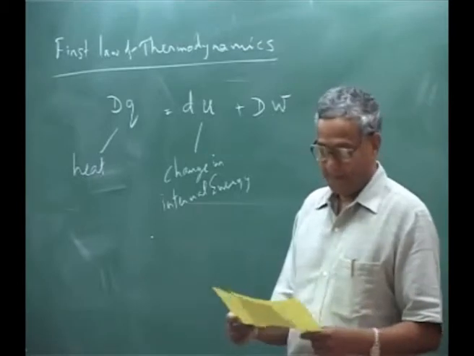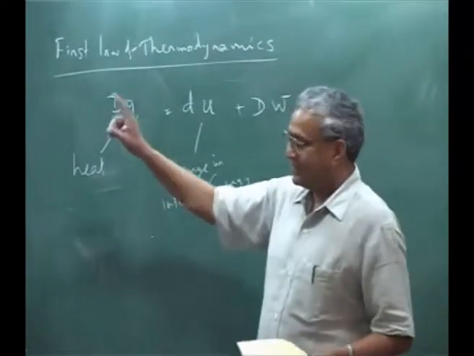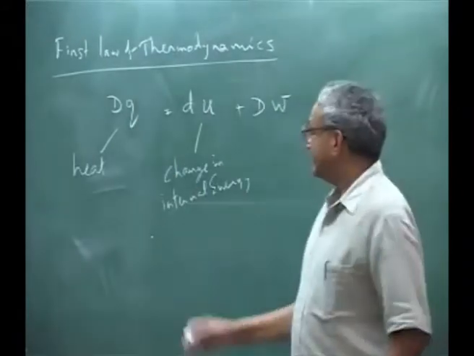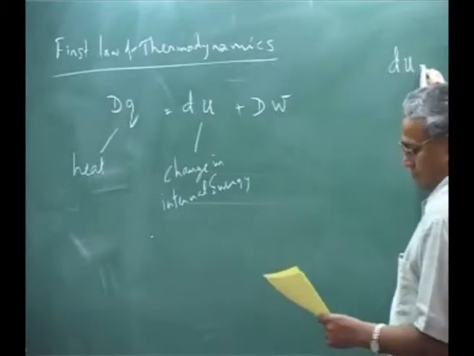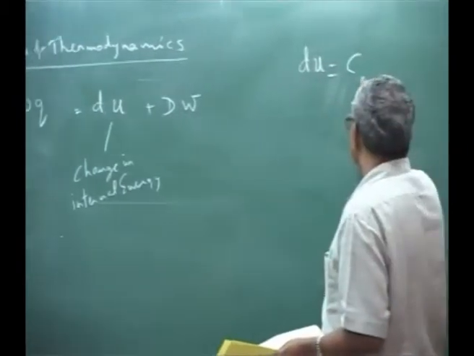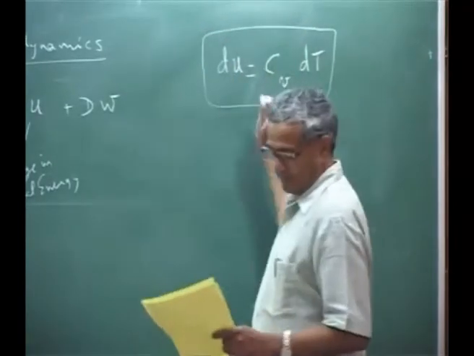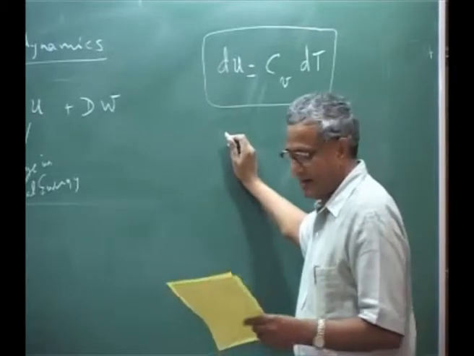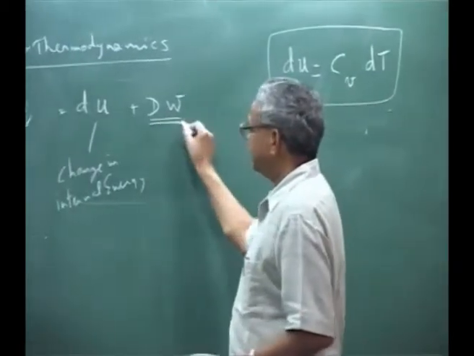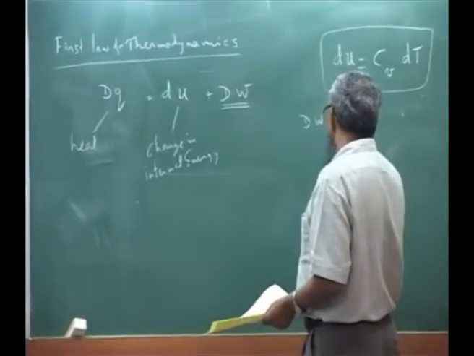Now here we have said that it is a calorically perfect ideal gas, everything. Then basically dU is Cv dT. And dW is P dV.